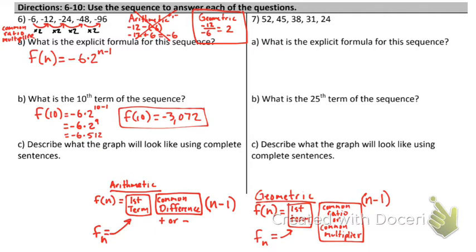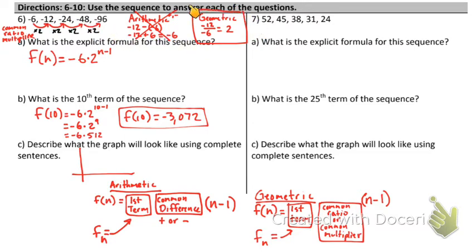Last but not least, we want to describe what the graph looks like. So real quick, I'm just going to sketch the graph for you. Okay, and we're going to use the sequence to sketch the graph. All right, remember, the sequence is really our outputs. Okay, so if you really wanted to, you can make points out of this, so you can see what the graph looks like.